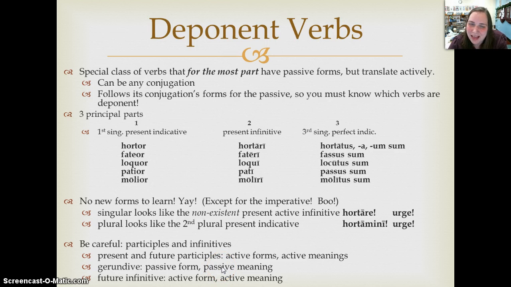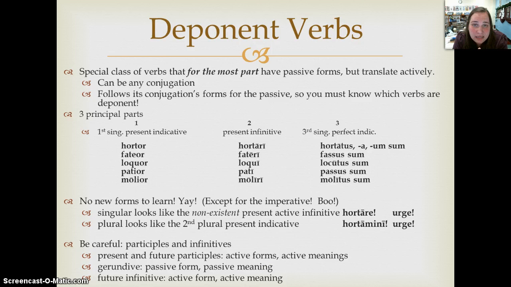Again, despite the fact that deponent verbs, for the most part, have passive forms and active meanings, the gerundive has the passive form and the passive meaning. And remember, the gerundive is the future passive participle, okay? Also, the future infinitive has an active form and an active meaning. So those are the little caveats you need to look out for, okay?